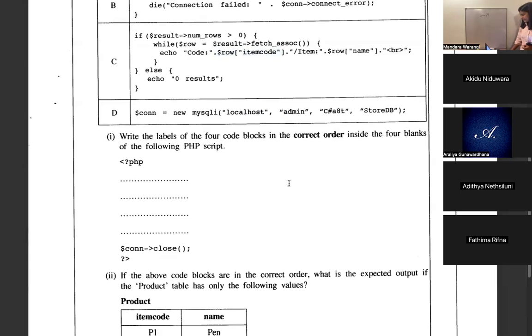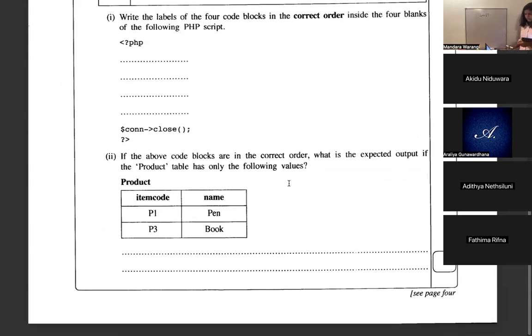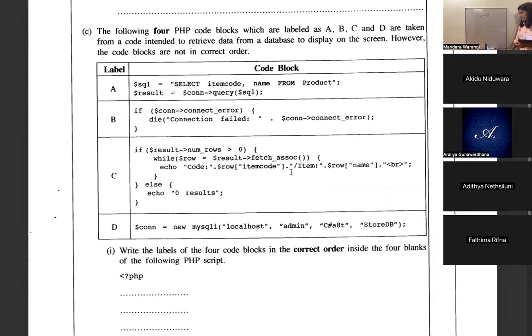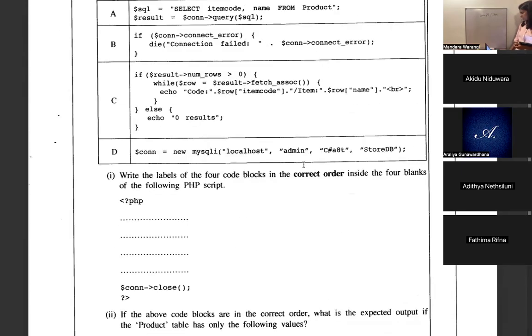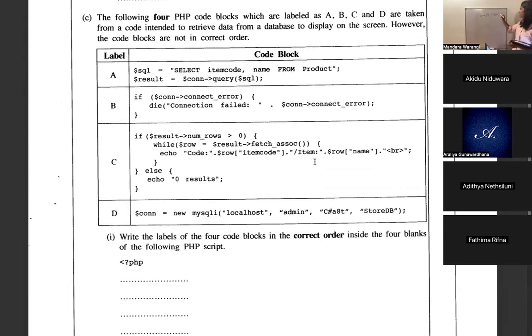P1, and there is a concatenation symbol, and then slash item name, which is pen.